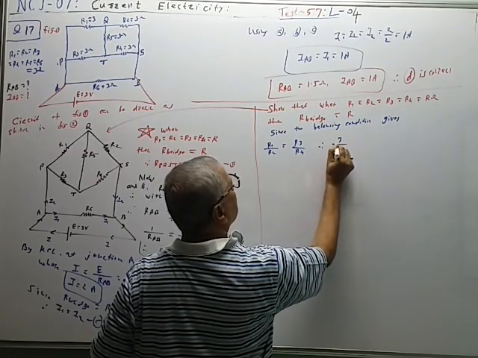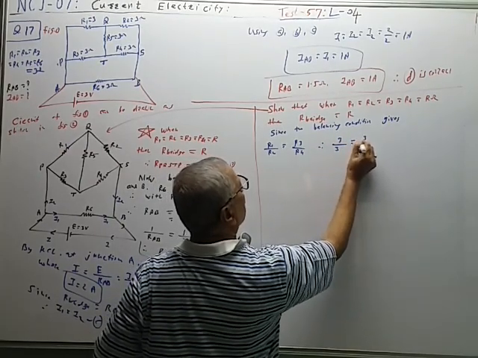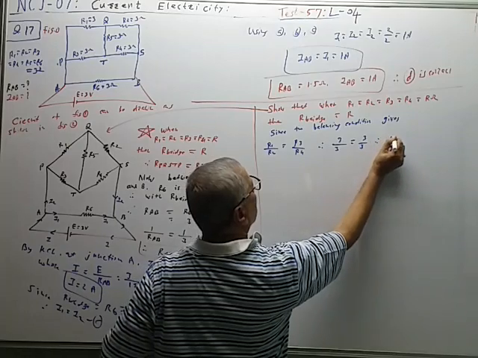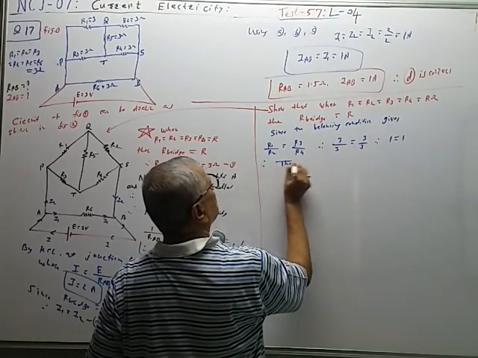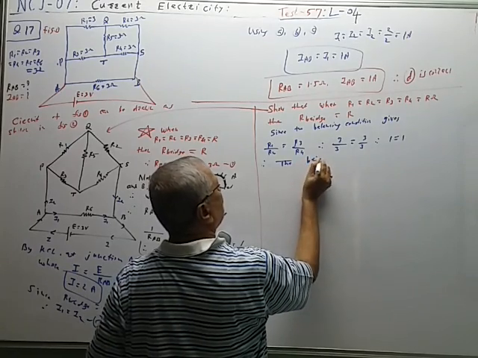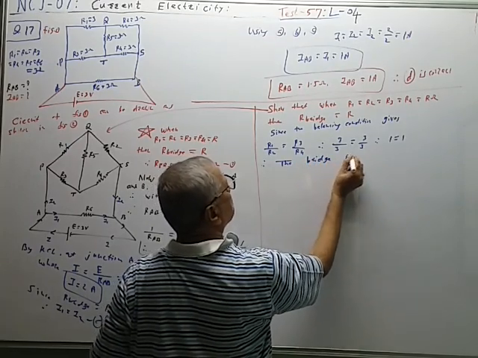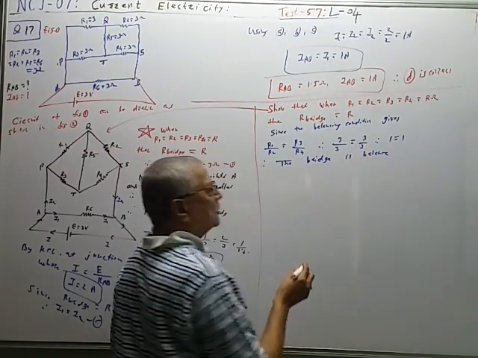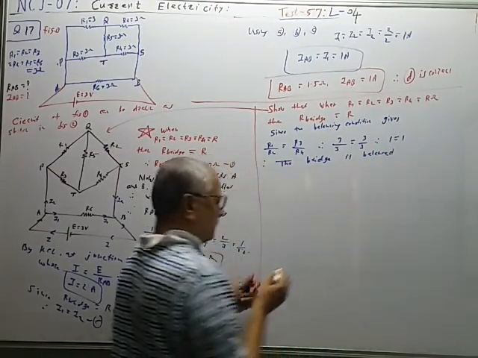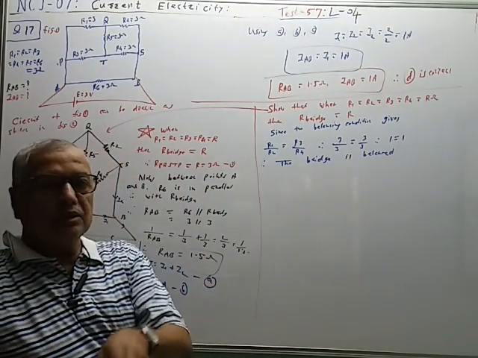Therefore 3 upon 3 is equal to 3 upon 3. Therefore 1 is equal to 1. Therefore the bridge is balanced. Balance bridge के प्रॉब्लम सोचे सर. The bridge is balanced.